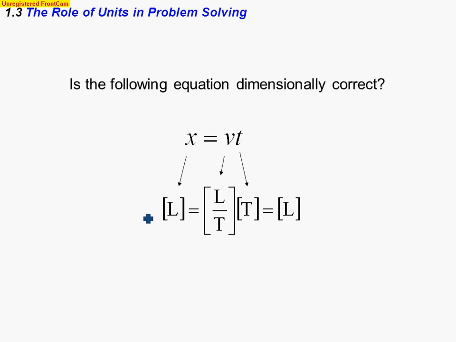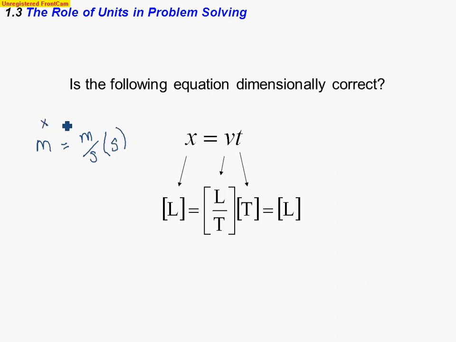So let's try this one. Suppose we have x equals v times t. So let's use our units method again. So our x was going to be in meters. That's our distance. Our speed was in meters per second, and our time, t, was in seconds.